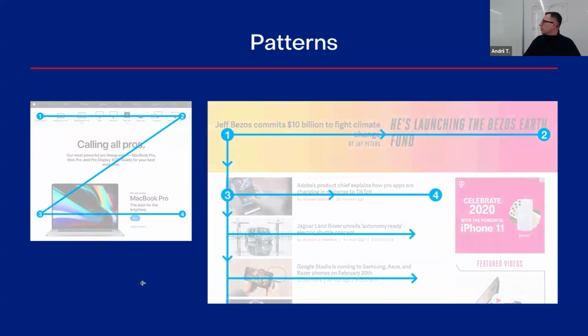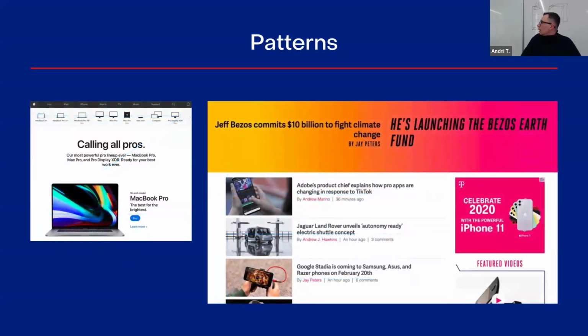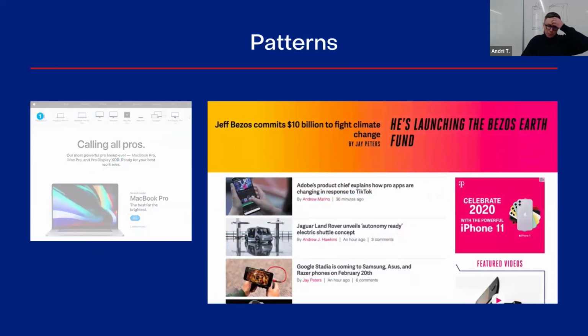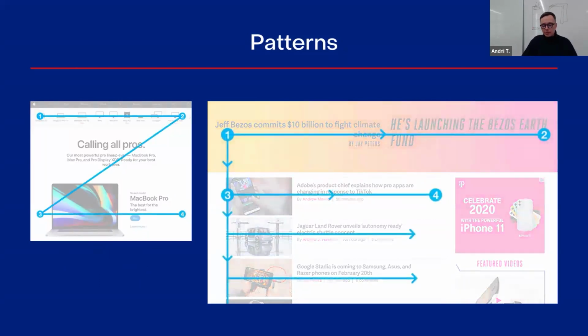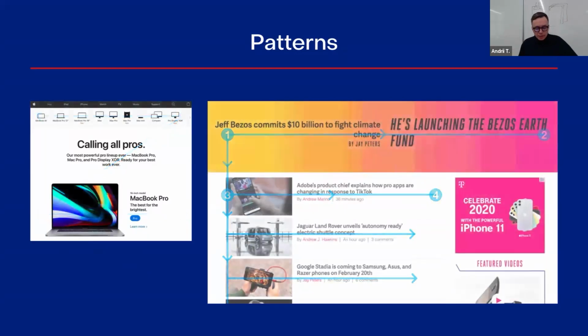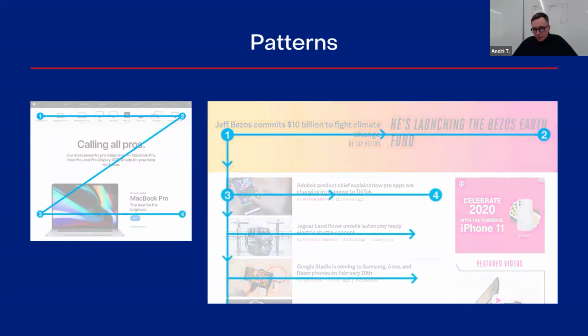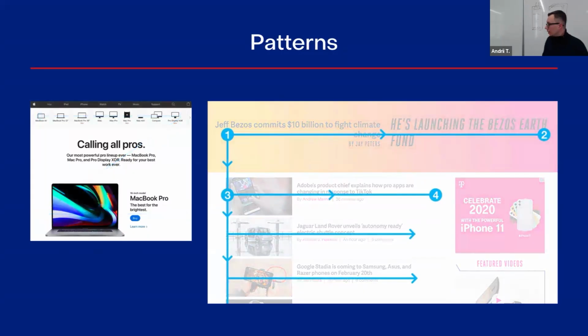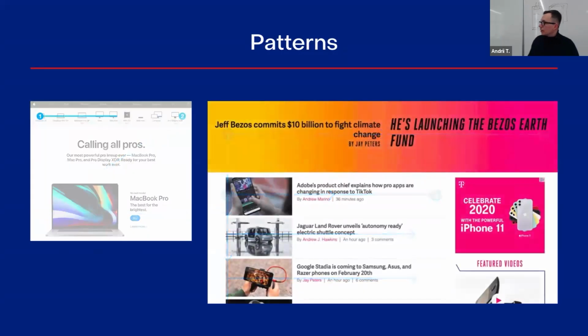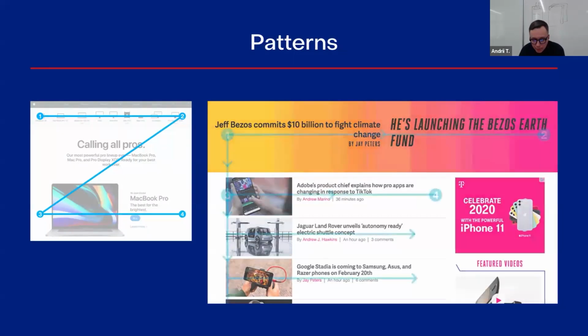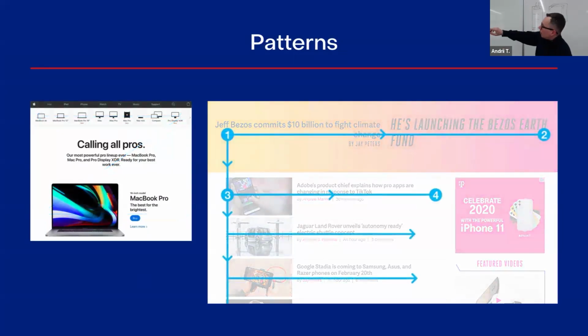This pattern is mainly used for simple websites with big images, white space, and so on. But instead, the right example is the F pattern. And in this case, our users' attention moves line by line.